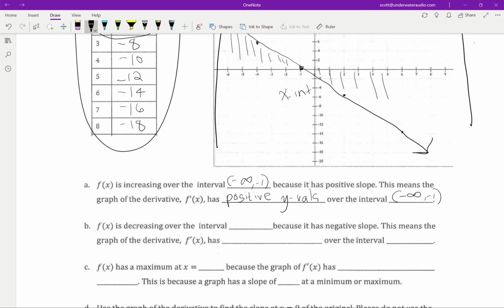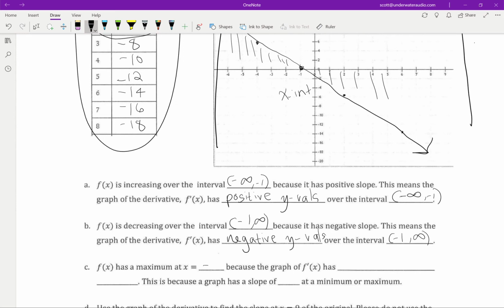And it's decreasing the rest of the time, so from negative 1 to infinity. And it has a negative slope there, which means that the slopes or the derivative's y values are negative over the interval from negative 1 to infinity.